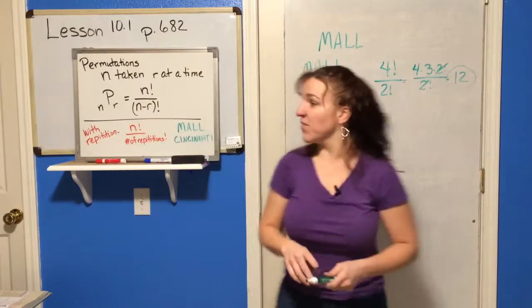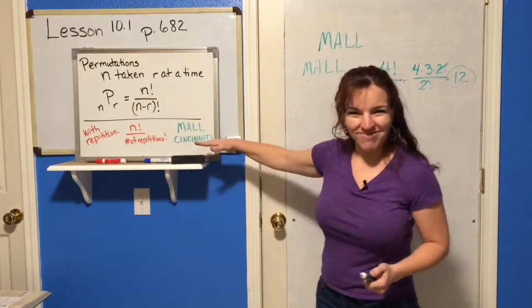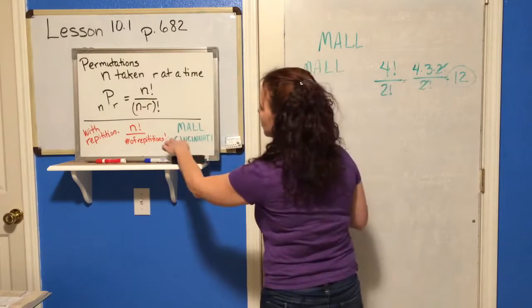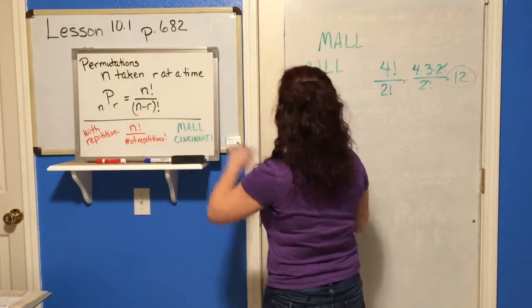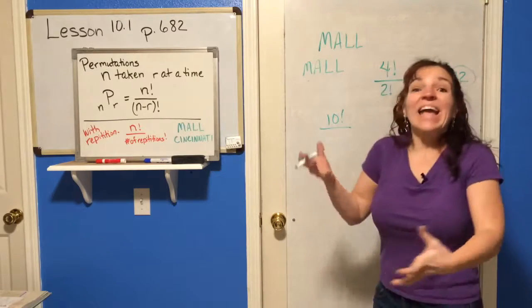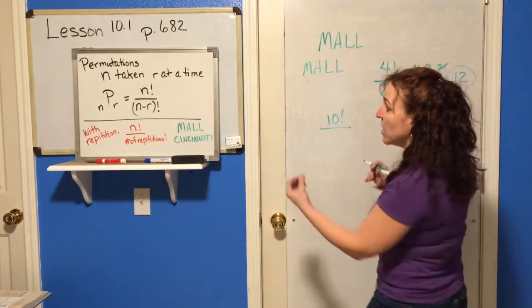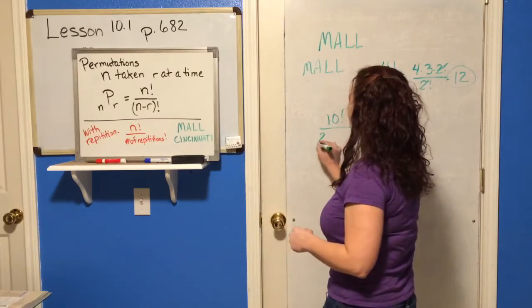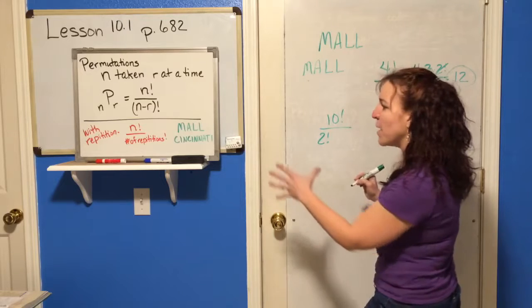Let's do one that's a little more difficult. Let's do Cincinnati. Same type of thing. How many letters are involved? 1, 2, 3, 4, 5, 6, 7, 8, 9, 10. So 10 factorial divided by anything that's repeated. We've got C's that are repeated twice, so we've got a 2 factorial that we're going to divide by.